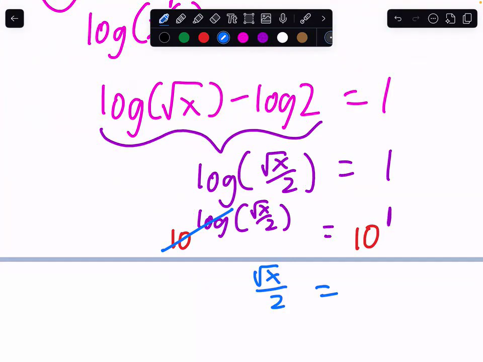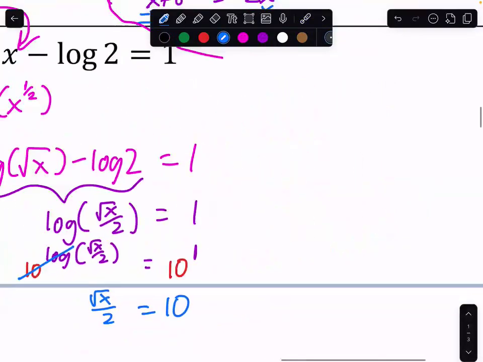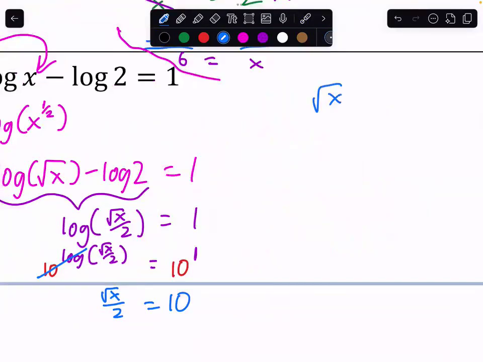The right side does not cancel out because there's no logarithm, which means you just do the calculation. So 10 to the power of 1 is still 10. Okay, so let me continue over here.